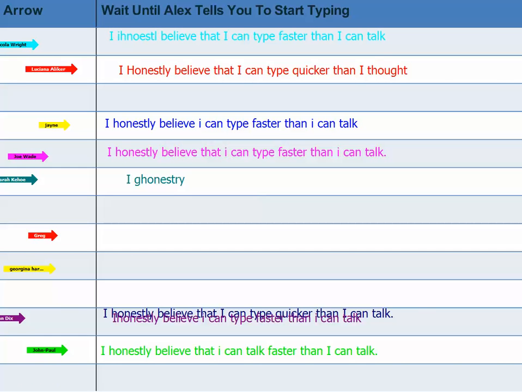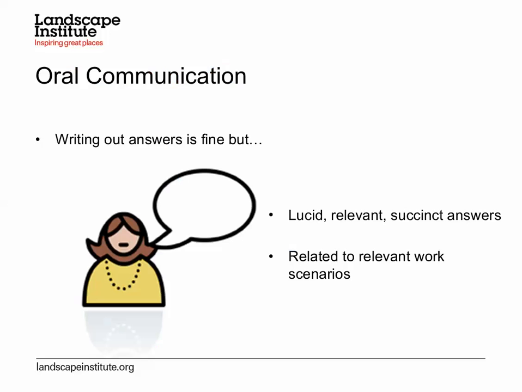So you're going to need to be very used to talking about your knowledge, not just revising your knowledge as you would have done when you were at university, because those were written exams.